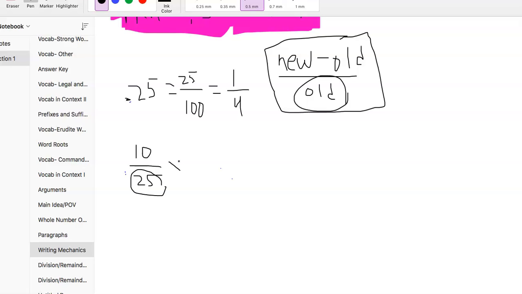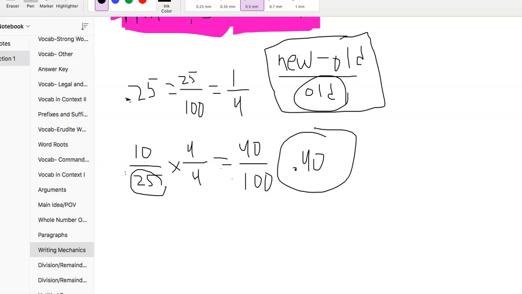Okay, so 25 times 4 is 100, right? So I'm just going to multiply whatever I do on the bottom, I got to do on the top, equals 40 out of 100. Yes, everybody's still with me, hopefully, on this one, right? And that means the decimal is 0.4 or 0.40. Okay. Still not too bad, right?